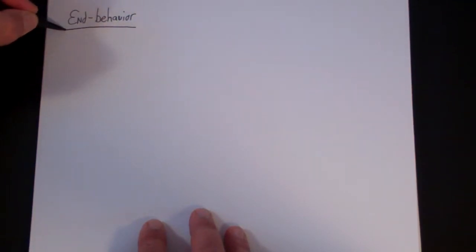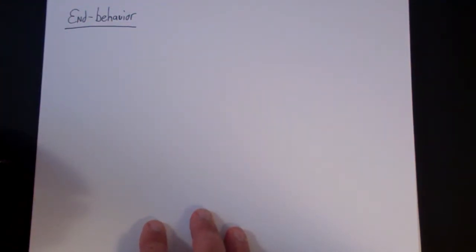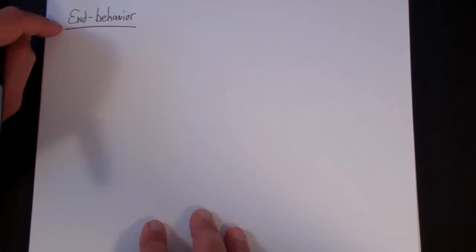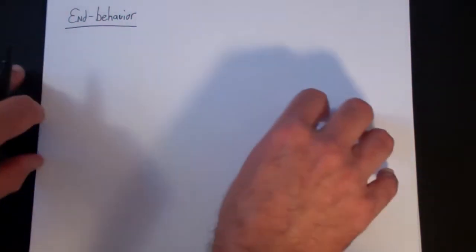One thing about polynomial functions is they're characterized by very specific end behavior. And what we mean by end behavior is what does the function look like when you get far away from the origin?